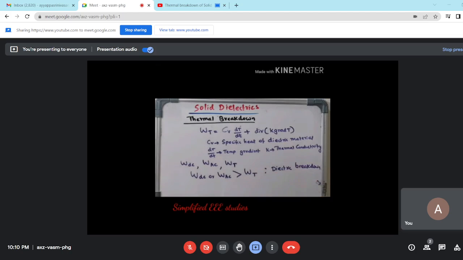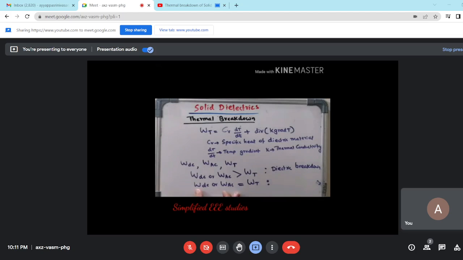I hope you understood. If either WDC or WAC exceeds WT, definitely dielectric breakdown will take place. Note the point: if WDC or WAC is equal to WT, nothing will happen to the dielectric material. Your dielectric material is in the safe zone.